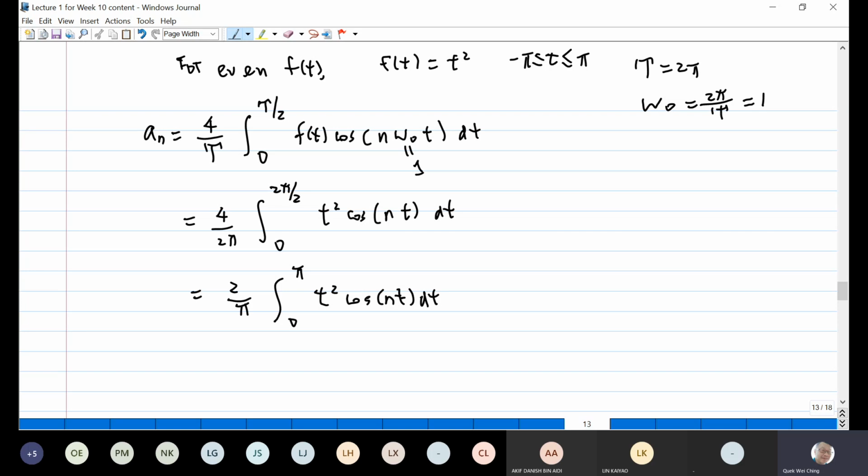You do this integration by parts. Just focus on this part first. You can do by parts here, then multiply by 2 over pi.